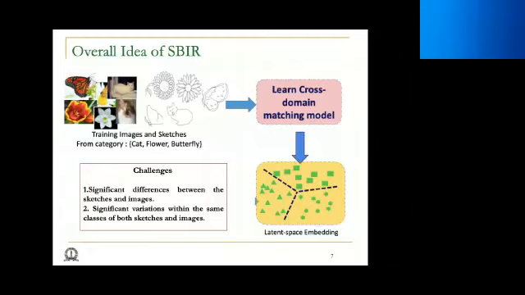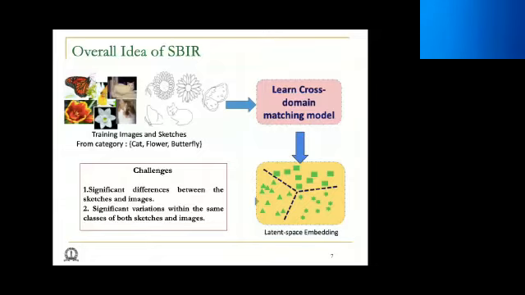Now you can always ask the question, that is, why do we need to do ZBIR, right? Suppose we have 10 classes of interest, right? So we are given 10 classes for images, we are given 10 classes for, say, sketches. We can individually learn a classification model.